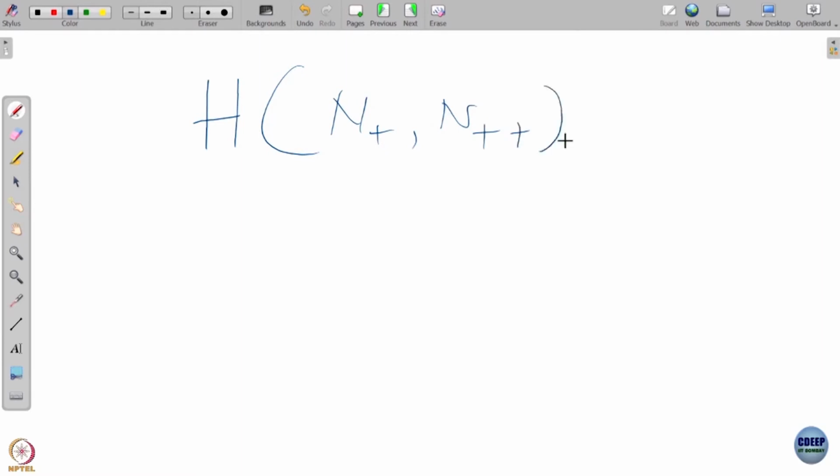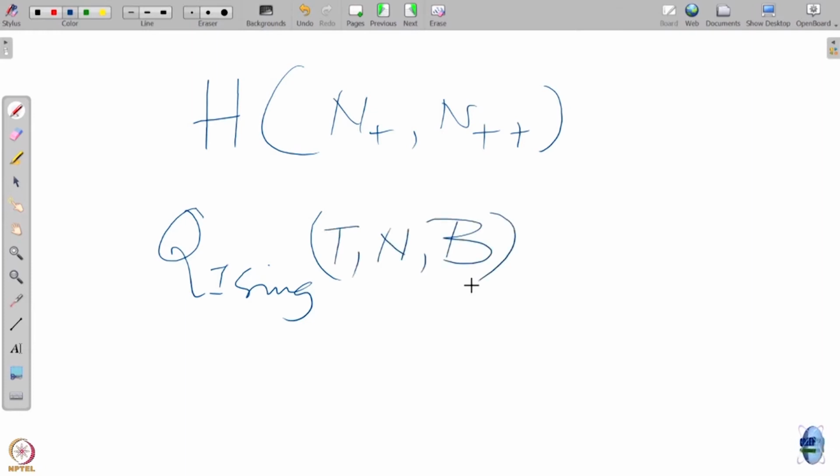I have the Hamiltonian. So now what do I need to do? I need to write the partition function of the Ising model as a function of T, temperature, total number of spins N, and magnetic field B. What do I need to do?